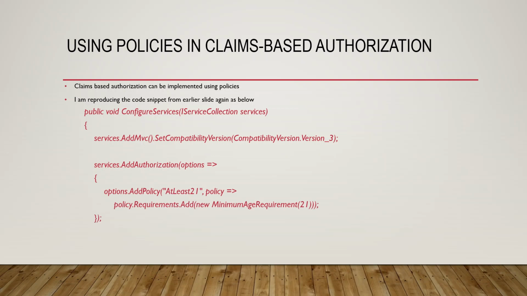Here I am adding a new requirement to it. This is the policy name and this is the requirement. It has one requirement, which is a minimum age requirement of 21.